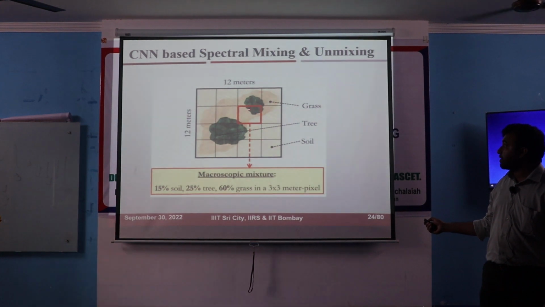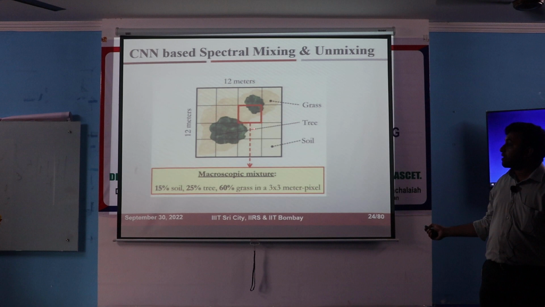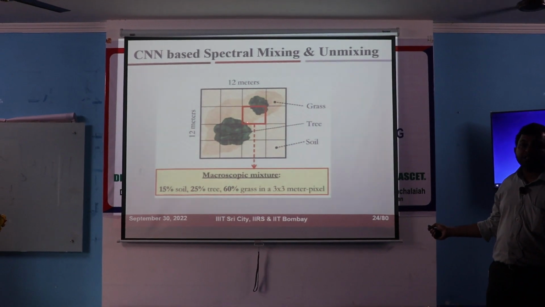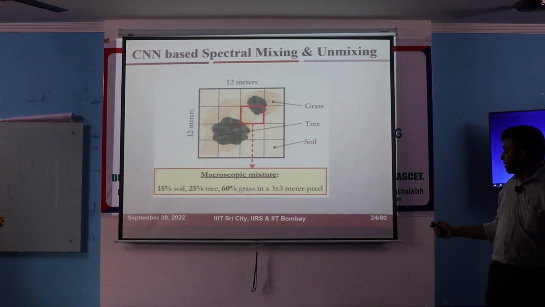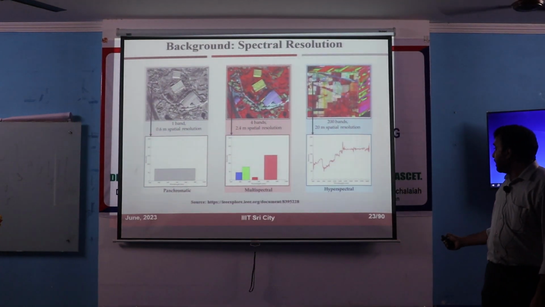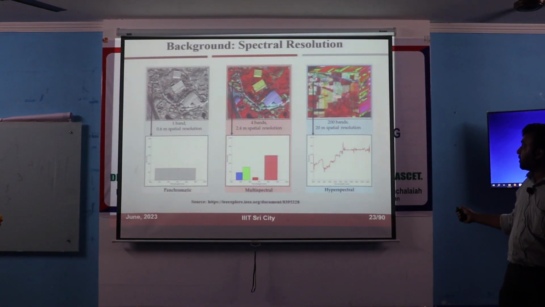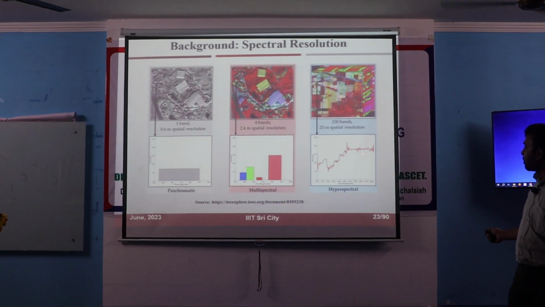That means the spectra from vegetation will be mixing with the spectra from the soil. I hope all of you understood what I mean by spectra. Spectra means how this particular material, or the material covering this particular pixel, is reflecting across all the wavelengths.